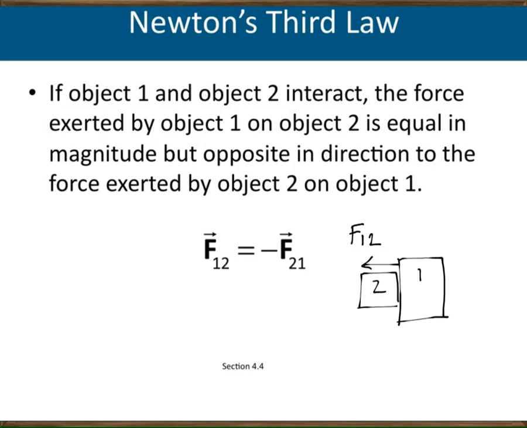The second object also pushes the first object in the opposite direction, F2 by 1, the force by 2 applied on 1. You can read it like this. These two forces are equal in magnitude, but their directions are opposite. Okay? So this is it, and we will do some examples.